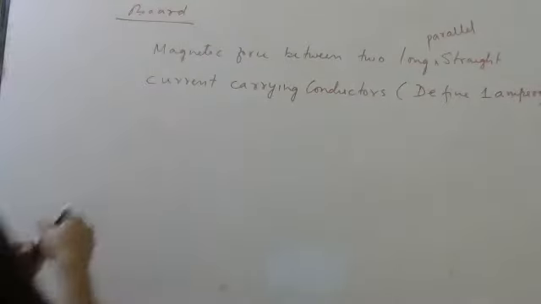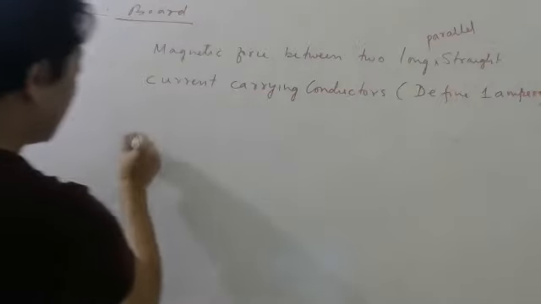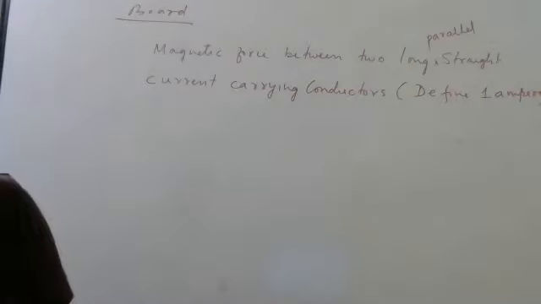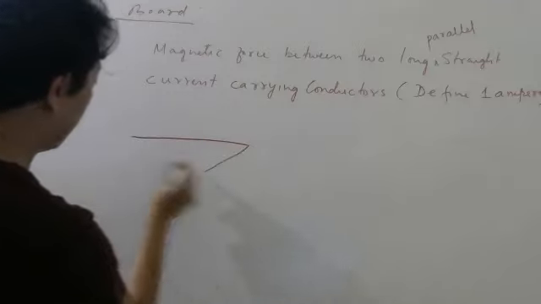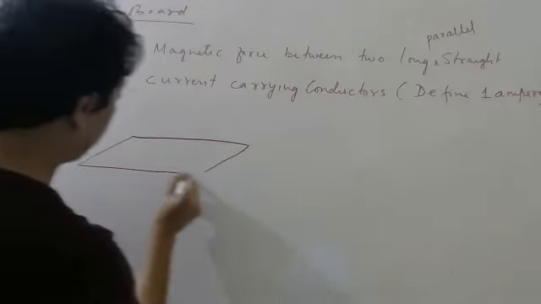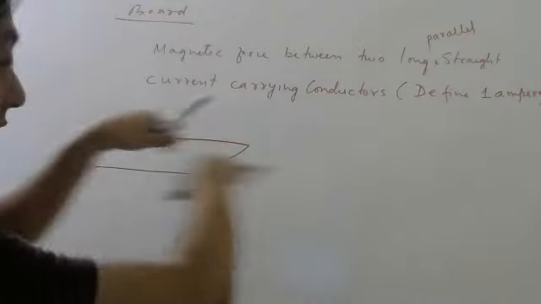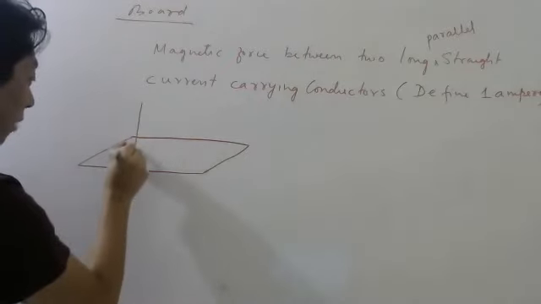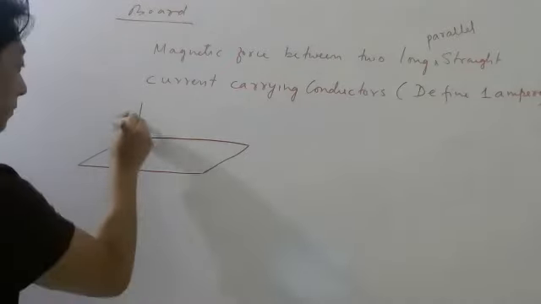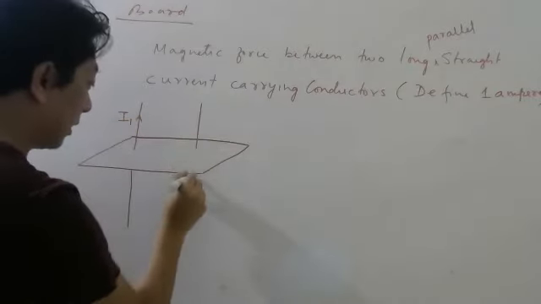So look here. Let's draw one nice diagram. Imagine this is your plane like this. This is just drawn to give you a feeling of 3D. Now here one current carrying wire is there, I1, and here another current carrying wire is there, I2.